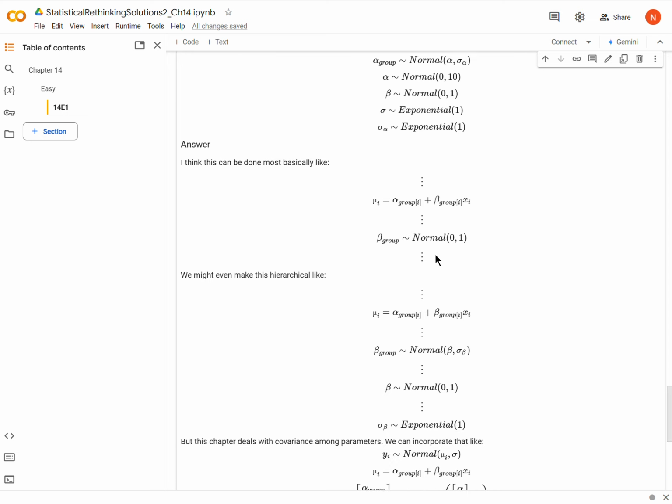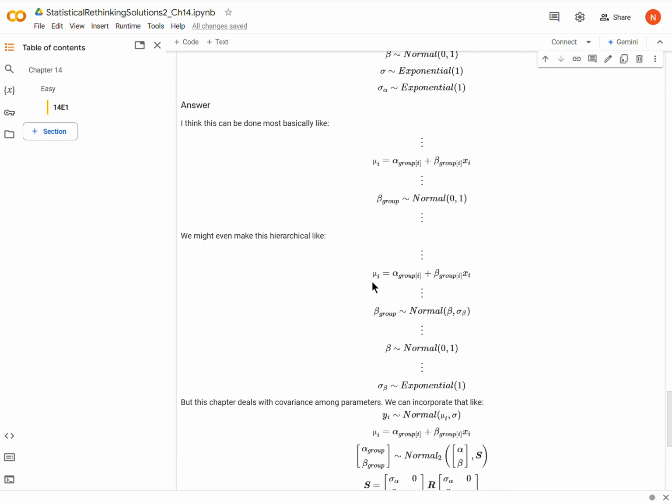And so we could build a hierarchical model where we continue to modify the model, but now instead of just having a prior for each beta, our prior for the beta for each group itself comes from a larger distribution, a normal with mean beta and sigma beta, and then of course each of those would get their own priors.